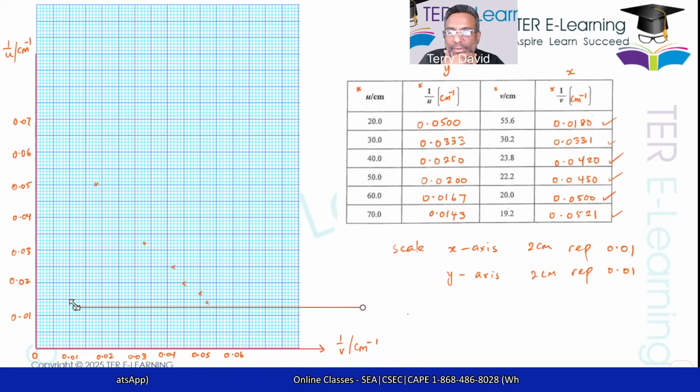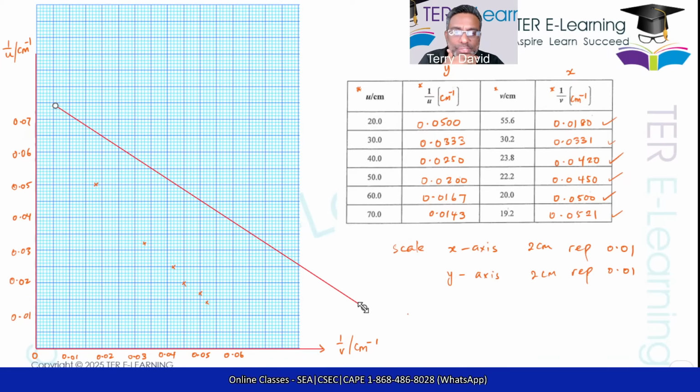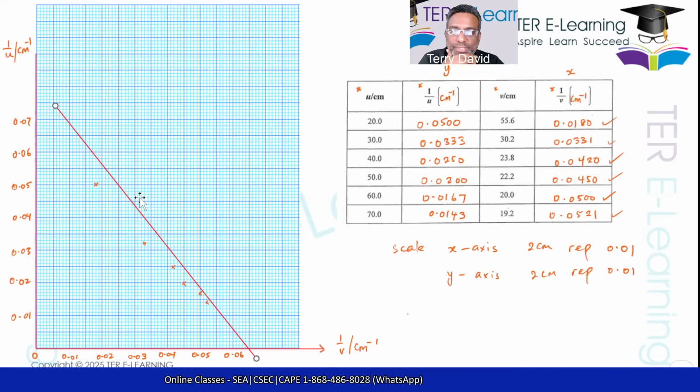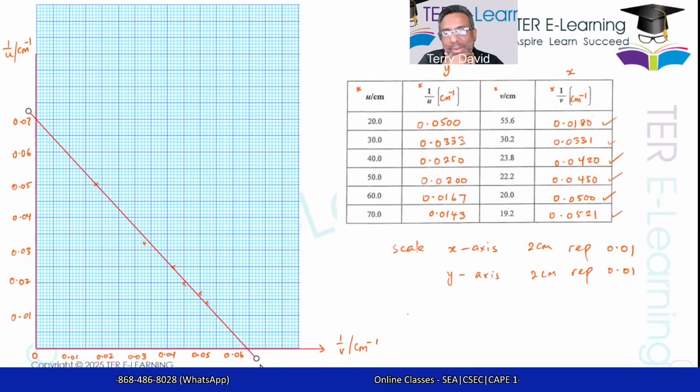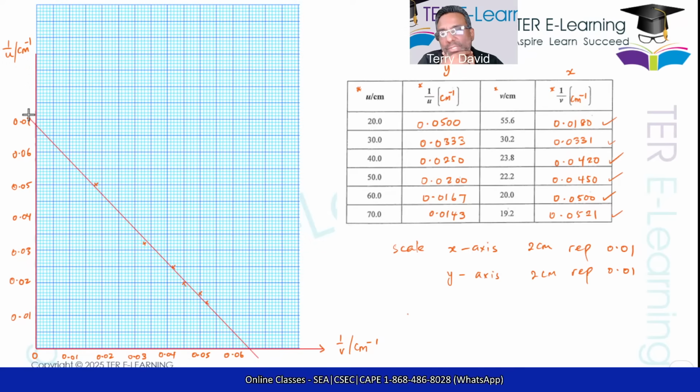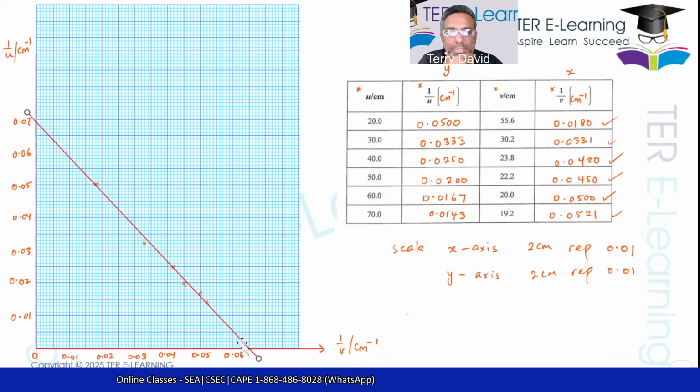And this straight line graph obviously is going to have a negative slope. So again, we have to draw this in such a way. Now remember, you're trying to balance your points about this line here.